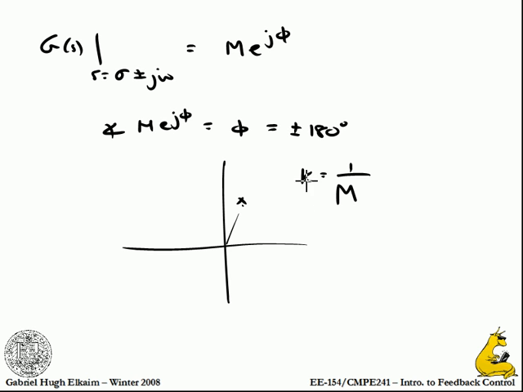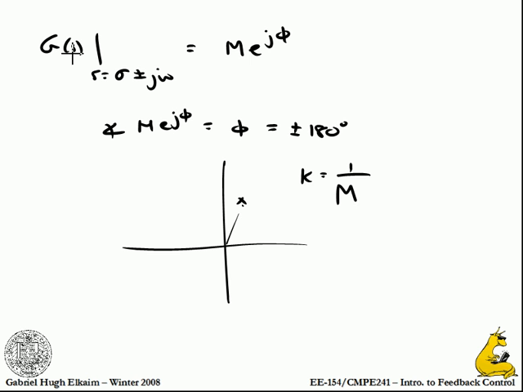In this case, let's assume it's a constant gain, and I'm going to search the complex plane for areas where G of S has a phase of 180. Everywhere I find a phase of 180, I know that I'm potentially on the root locus.